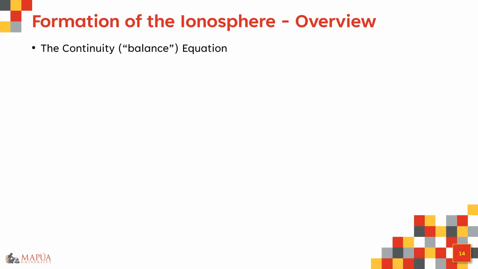This is basically a balance equation wherein the formation of a constituent is equal to the processes that provide or remove that constituent. So for example, in the ionosphere, this is described in terms of formation of charged particles.